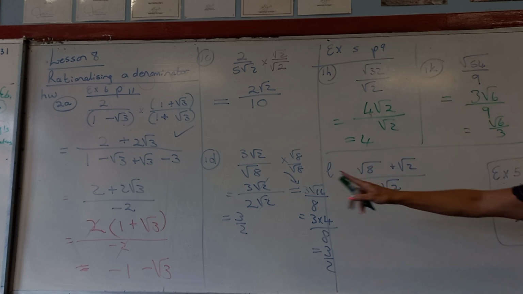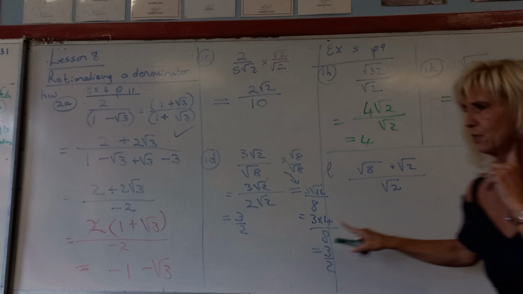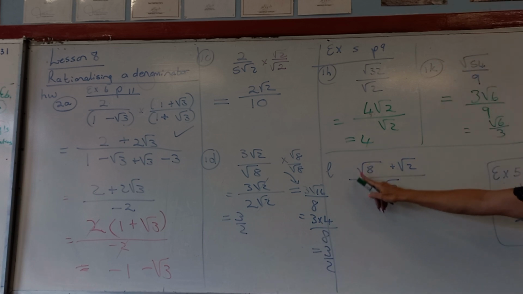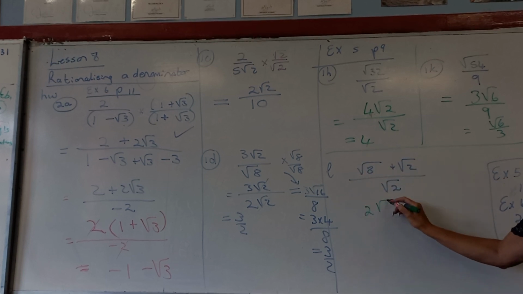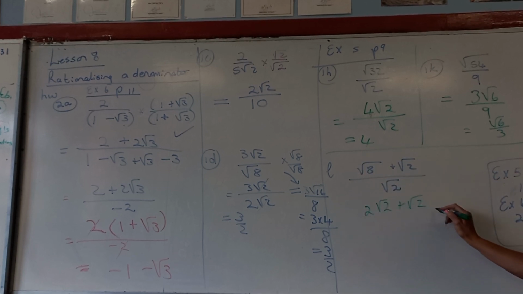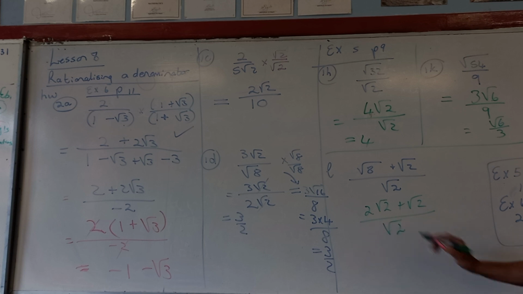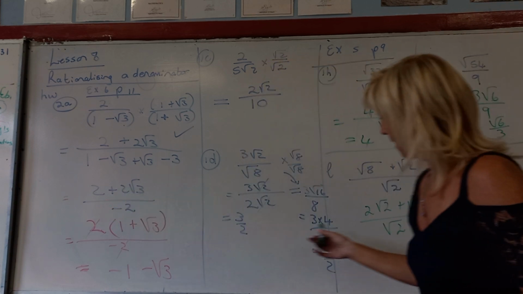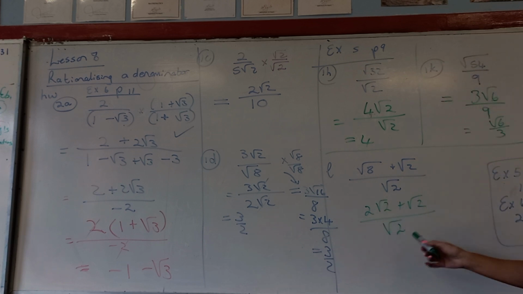Do I have to do this thing about rationalization, or what must I do with this sum? First, go to your calculator and make it 2 root 2 plus root 2 over root 2. Don't you like what I just told you, that I can put each on their own denominator? You can.